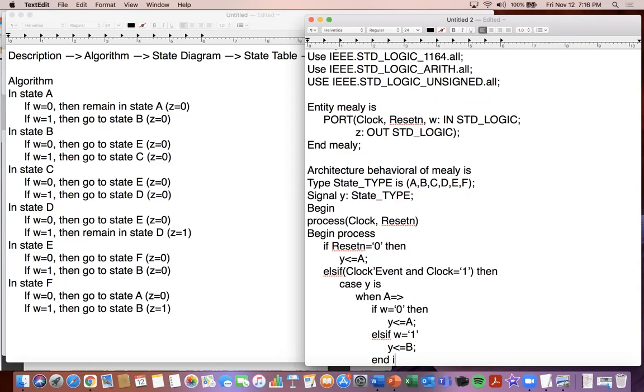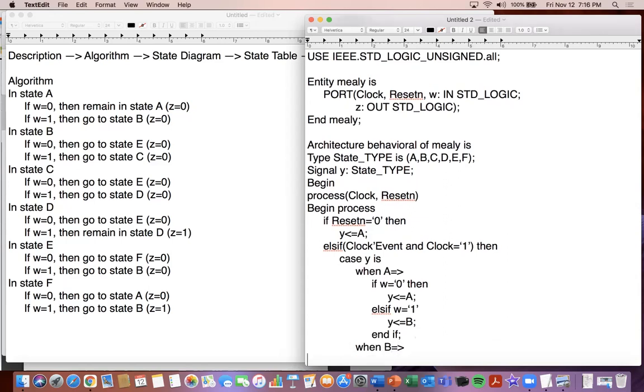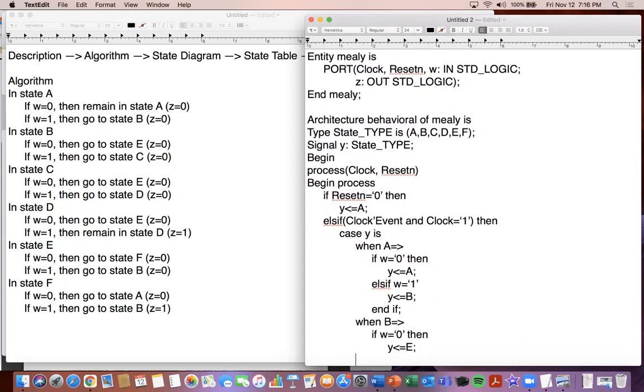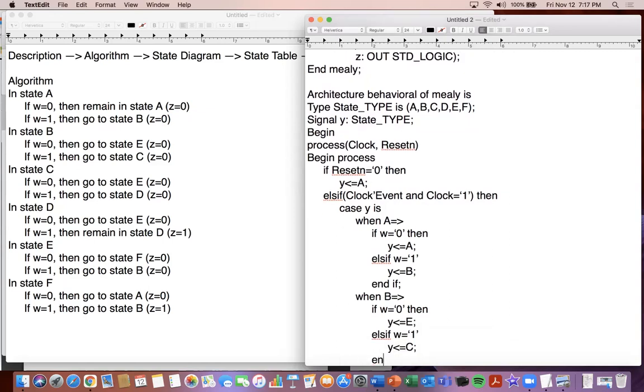Then, and if when B, w is equal to 0, then y is going to be equal to B. And then else if w is equal to 1, then go to state C. And okay, got those in.